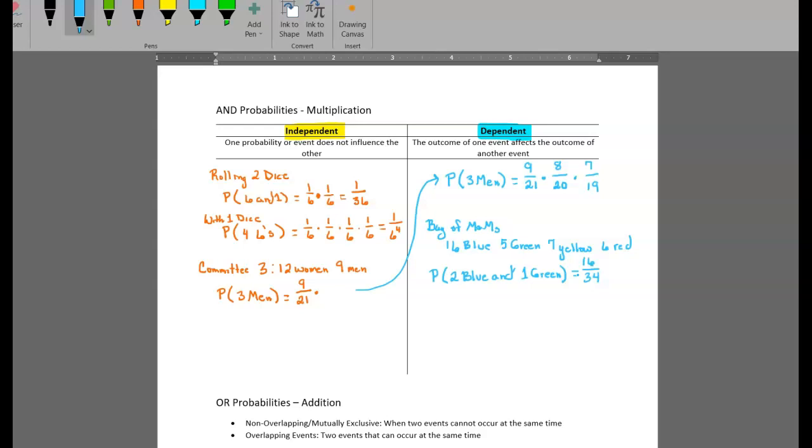Because they're M&Ms, I'm going to eat my M&Ms, so I'm now going to have only 15 out of 33. And now I want to pick out a green one as well. I have 5 green ones right now, but I only have 32 candies left in the bag. So that would be a dependent event. Again, independent is when we are not influencing, and dependent is when we are influencing.